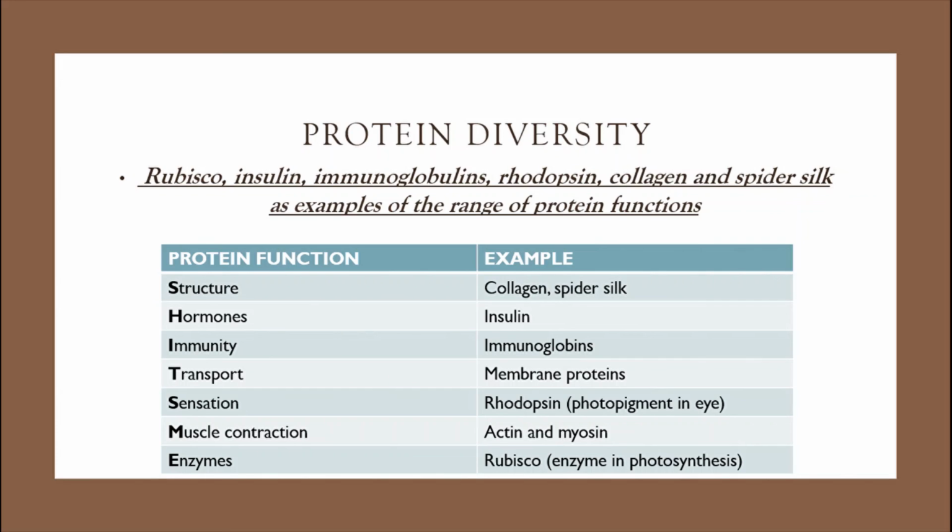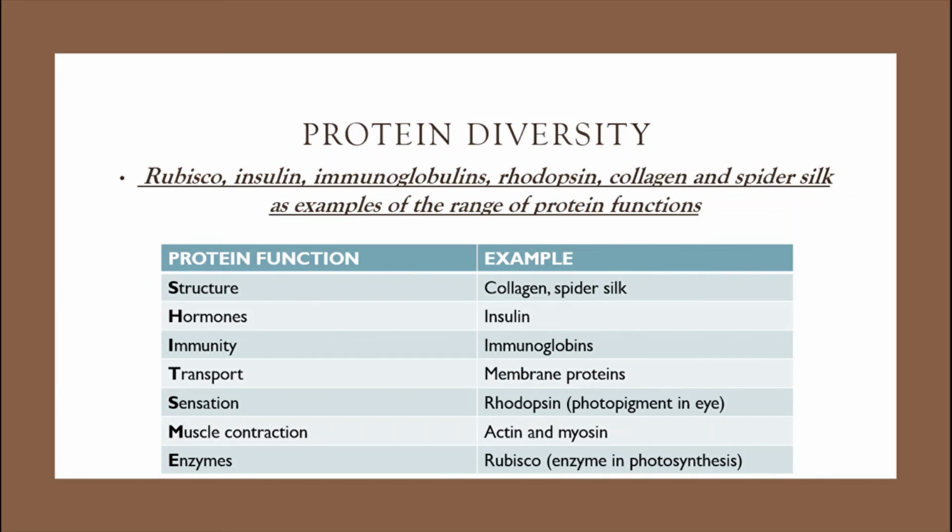The last protein function that we're going to look at is the function of being an enzyme. Enzymes are biological catalysts, so they speed up the rate of reactions that take place in living things. An example of that is Rubisco, which is an enzyme that speeds up one of the reactions that take place in photosynthesis.